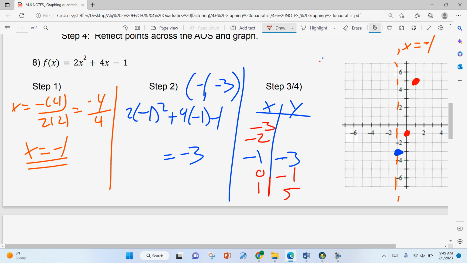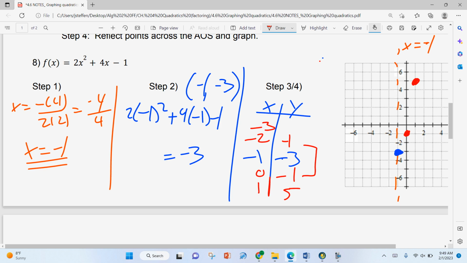Now, there's a couple ways you can reflect this across. And I should say, if you want to plug in -2 and -3, honestly, I thought about teaching it that way, because to make sure you got the right answer, to make sure you got the right vertex, you should plug in -2 and -3 as well, just to double check. But if you did everything else correctly up to this point, to reflect it, all I say is, well, if 0 goes to -1, then on the other side of the vertex has to go to -1.